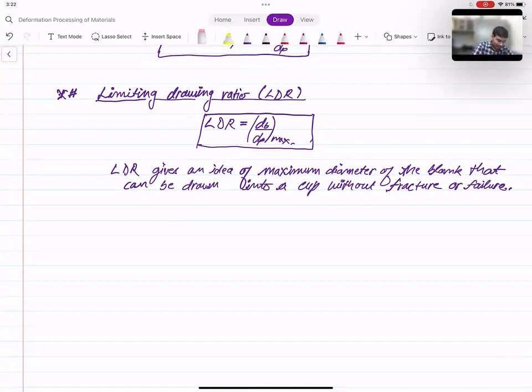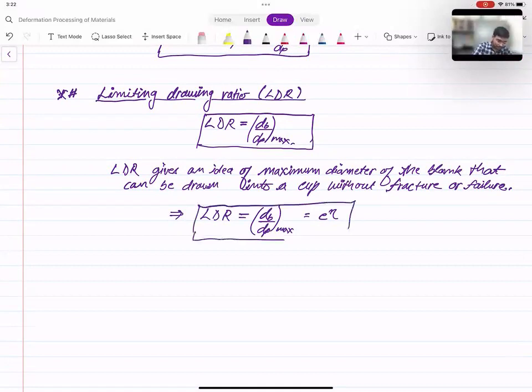Basically, this LDR is nothing but e to the power eta, where eta is the efficiency, the efficiency that accounts for frictional losses.